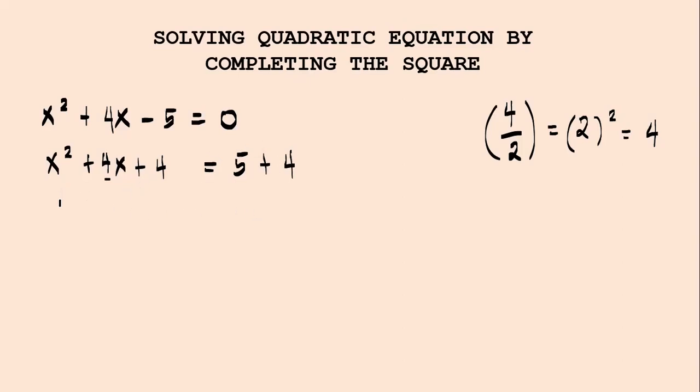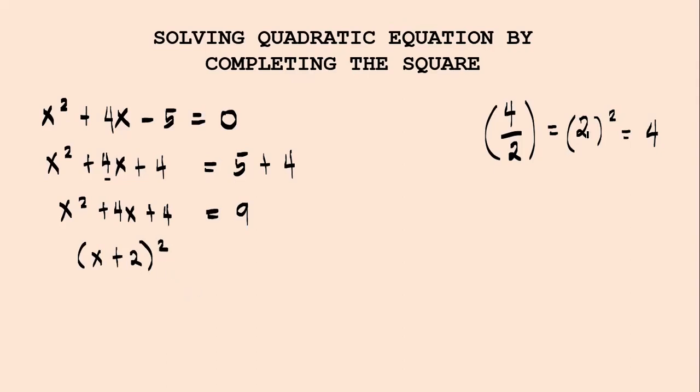Okay, then after nun, we have x squared plus 4x plus 4 is equal to 5 plus 4, which is 9. Okay, and next, this x squared plus 4x plus 4, this is already a perfect square trinomial. Okay, and that is equivalent to x plus 2 squared.